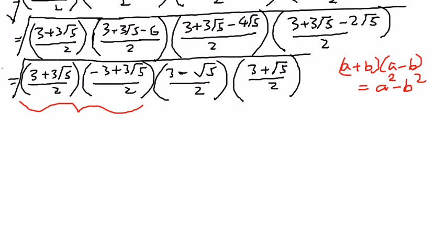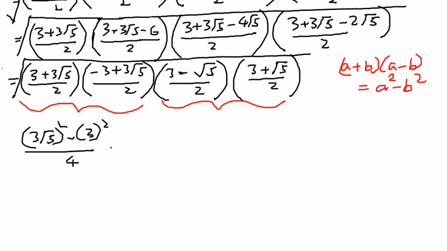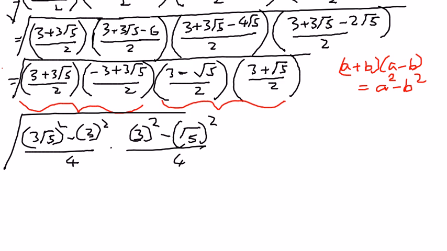I want to write this one as 3 square root of 5 raised to the power of 2 minus 3 raised to the power of 2, right, divided by 4, and then times, I'm going to combine these two in the special forms of polynomial, and therefore when I do that, this is how it's going to come out: 3 squared minus square root of 5 squared divided by 4, and all of this is under the radical term.